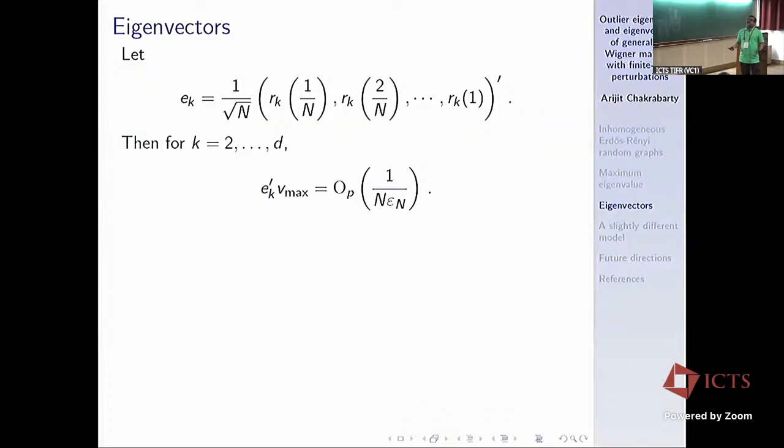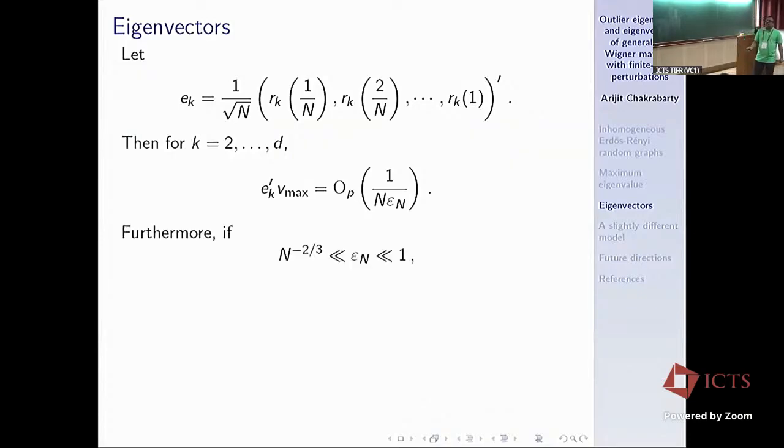Then Vmax will asymptotically be aligned with E1. Since E1 is orthogonal to E2, E3, up to Ek, the inner product of Vmax and Ek for any k running from 2 to D will go to 0. Right now, we know this is much smaller than 1 over n epsilon n. In a slightly different model, we'll have an exact description a few minutes later.